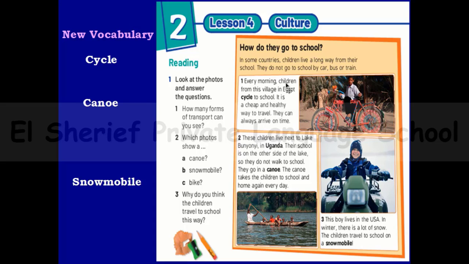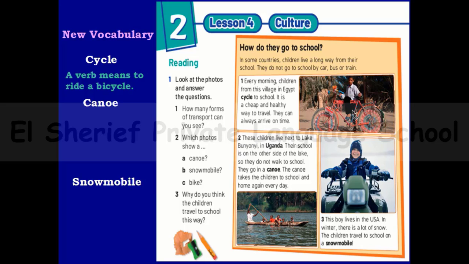Read again. Children from this village in Egypt, what do they do? They cycle to school. So here, cycle is a verb, which means to ride a bicycle. So here, this boy is cycling.